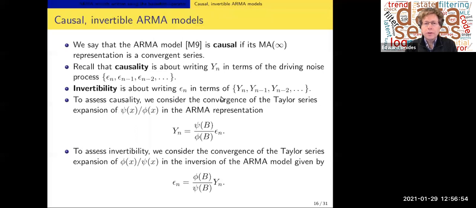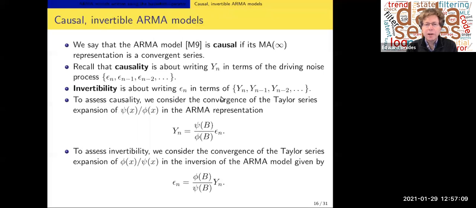Okay, so we talked about the definition of causal for a linear process. We've seen that an ARMA model has an MA infinity representation.